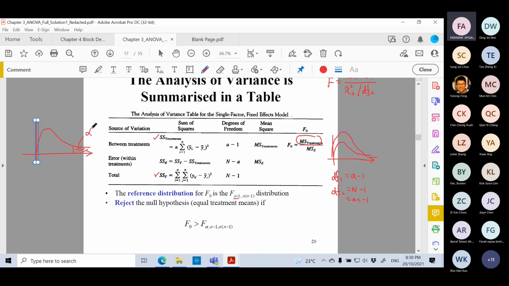When you are testing the hypothesis, you need to assign a certain alpha. Alpha refers to the type 1 error I just mentioned. You allow for a 5% error or a 1% error and so on. Based on this, you will get your value from the F table, and this F value refers to this value here.